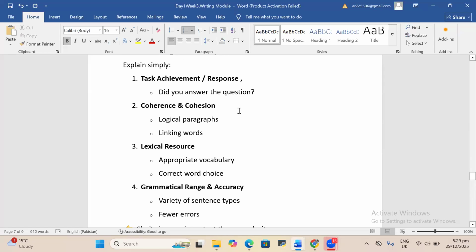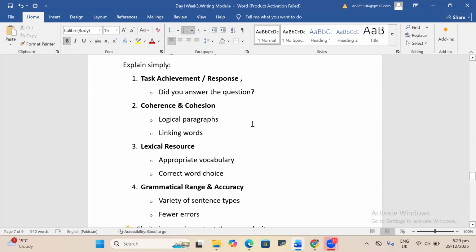What does it mean? Everything you write engages with each other. For example, if you write one sentence in the first body paragraph and the second one links with the first one, this shows that they engage with each other. But if your sentences do not engage with each other, this may affect your band score.